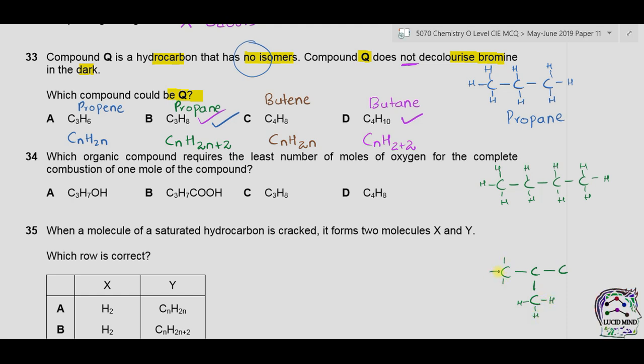As the formula is the same, this is also an isomer. Both have general formula C4H10. So for butane an isomer is possible, therefore butane is incorrect. The correct answer is therefore B, which is propane.